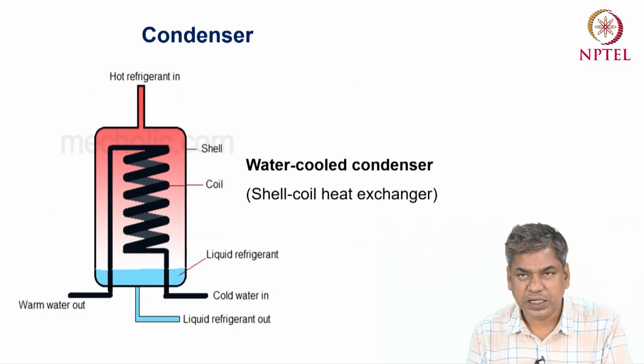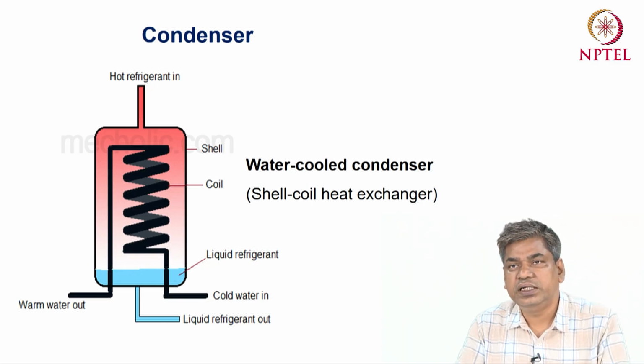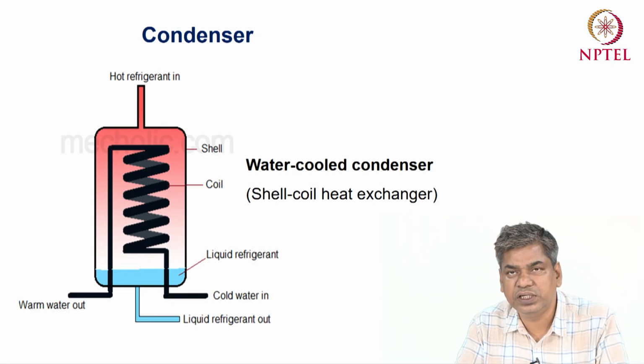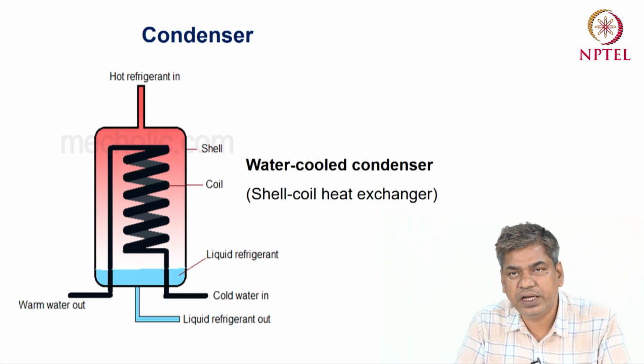Okay, then another type of condenser is called the shell and coil heat exchanger type. In this case also we are using a large shell, and inside this large shell there is a flow of refrigerant, but instead of the straight tubes of the shell and tube condenser, here we are using a spiral, helical coil type tube.